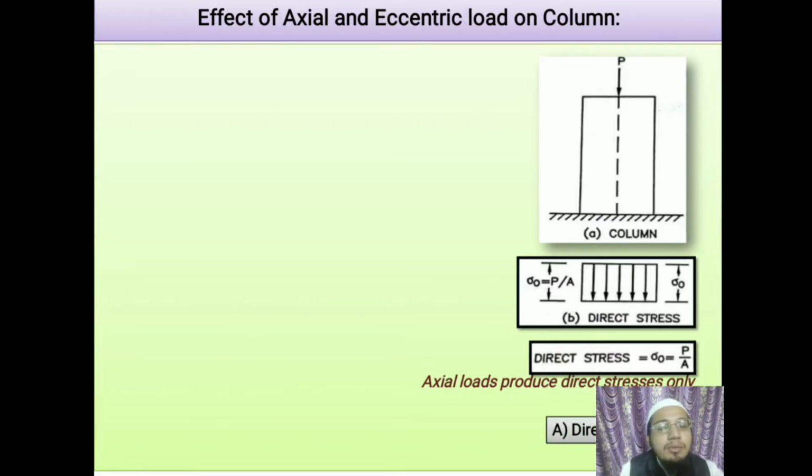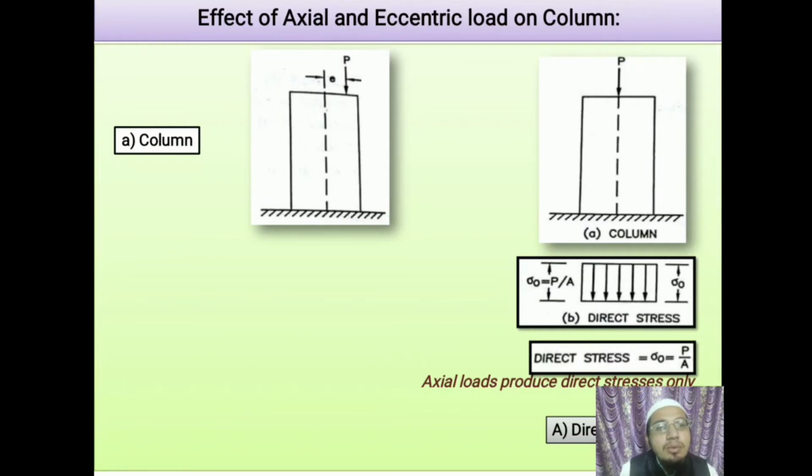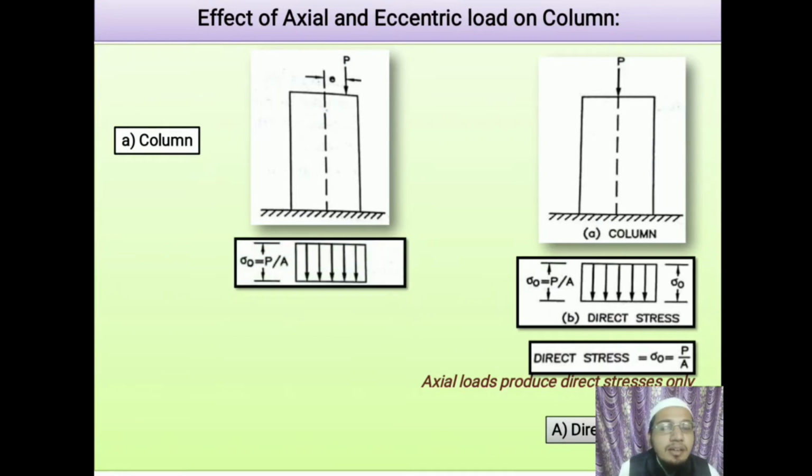Now, what about eccentric loading? If the column is subjected to a load at an eccentricity e from the axis of the column as shown in the figure, then it will be subjected to direct stresses. The direct stress is just due to the loading, and as we have discussed, direct stress equals P by A, a simple rectangular stress distribution diagram.